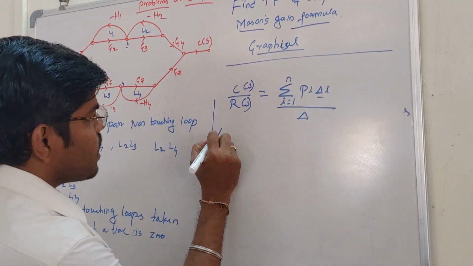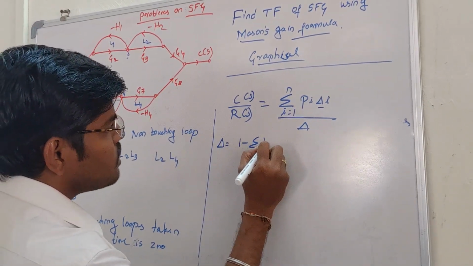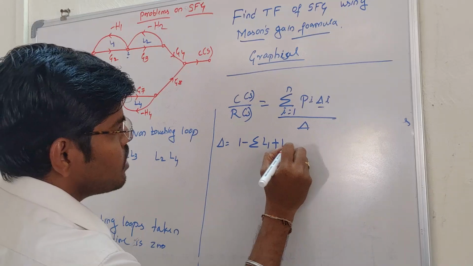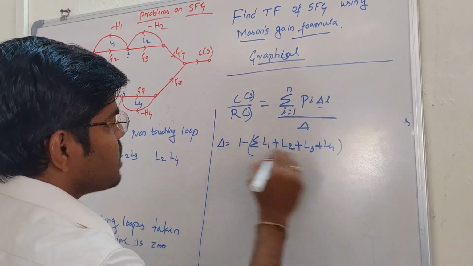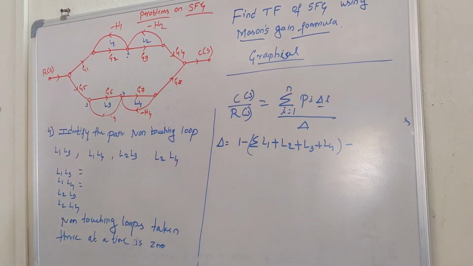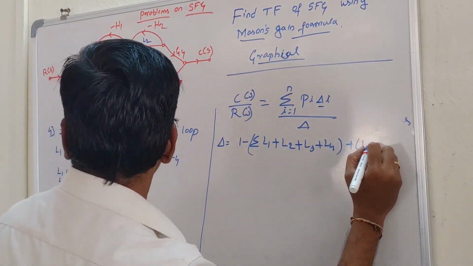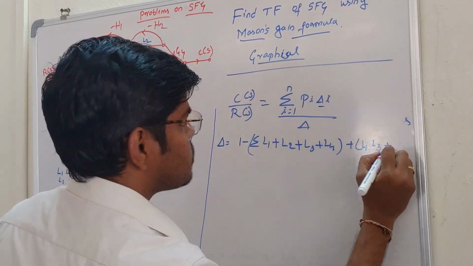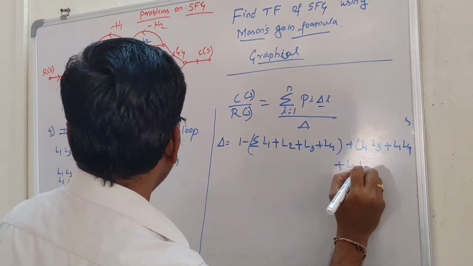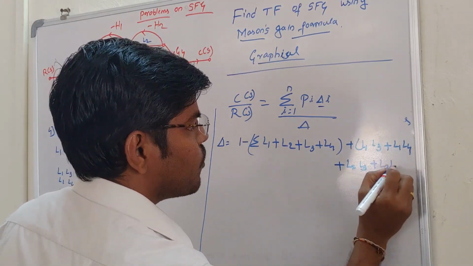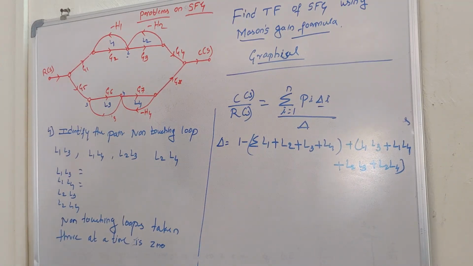And delta is given by delta equals 1 minus summation of all the individual loop gains L1 plus L2 plus L3 plus L4, minus the summation of the pair of non-touching loops, L1 L3 plus L1 L4 plus L2 L3 plus L2 L4, and there is no combination of 3 non-touching loops in this given signal flow graph.